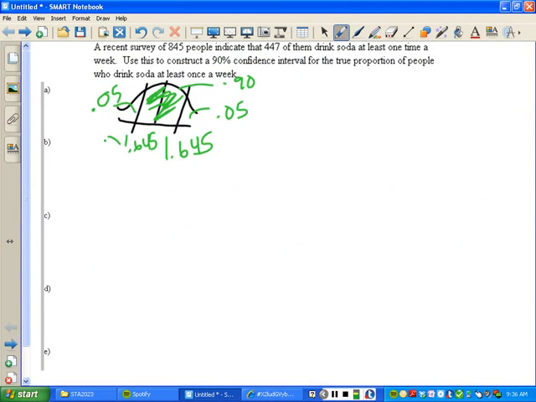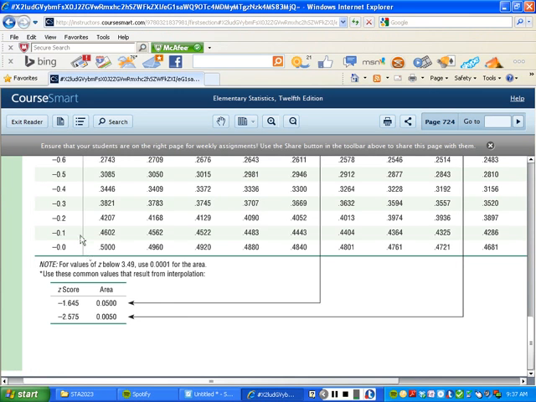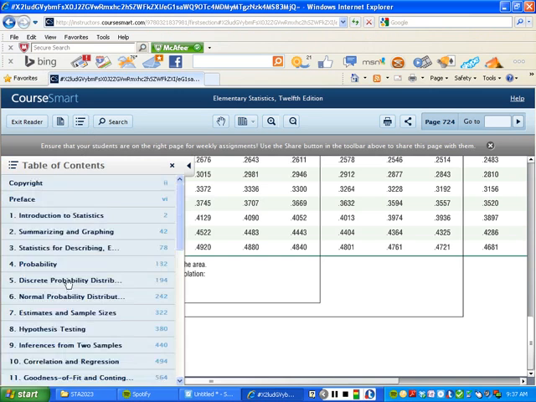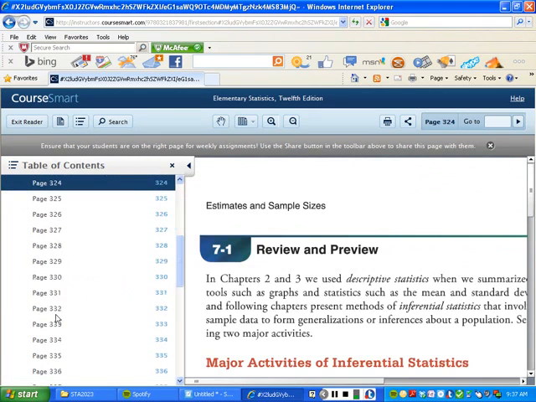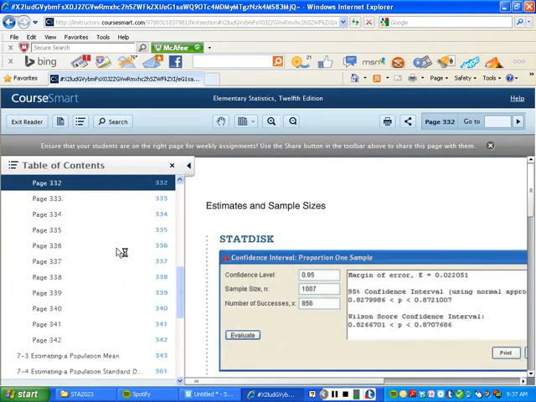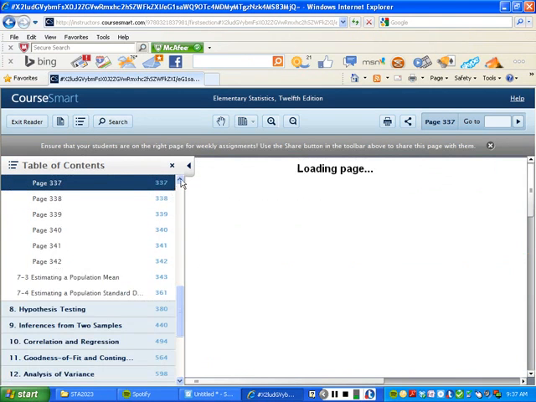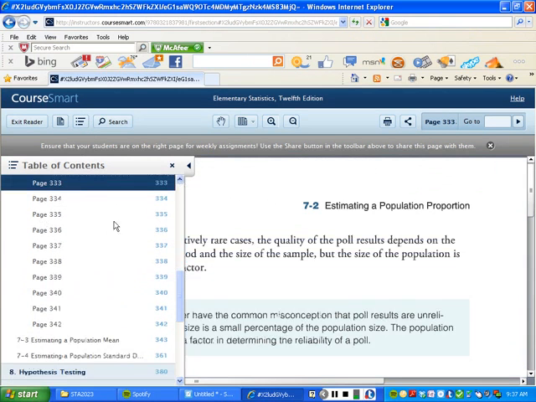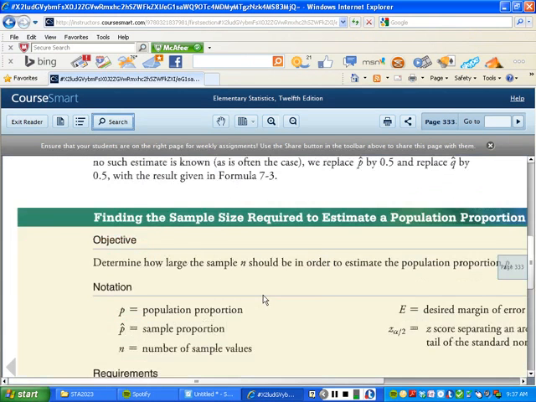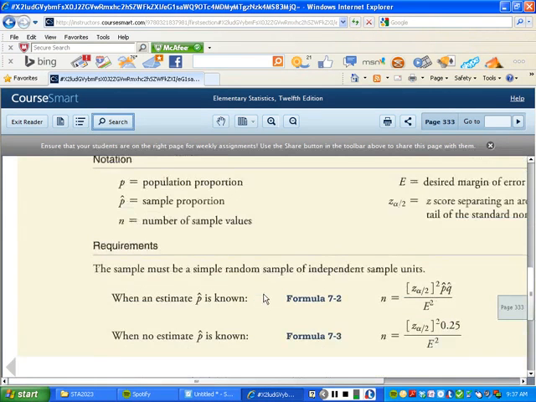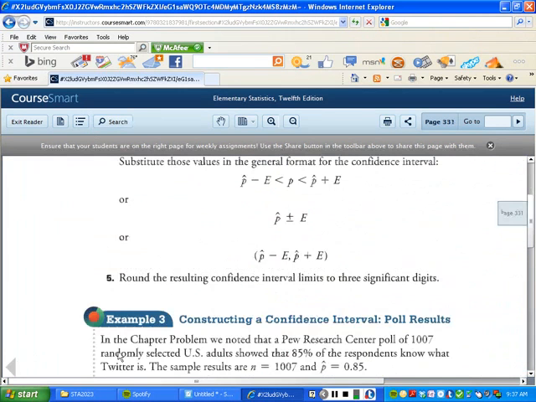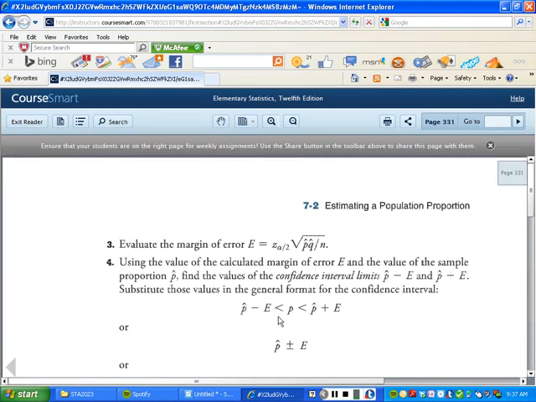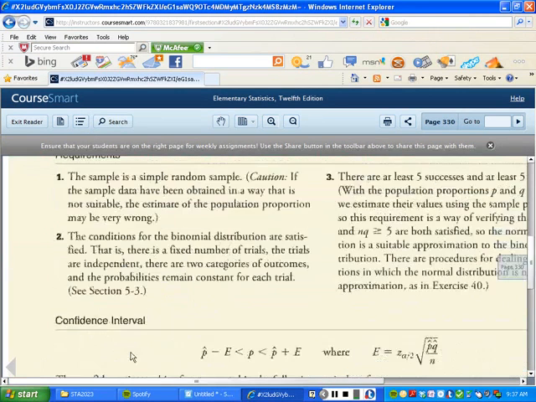Now, part B, you've got to know the formula. The formula, for those of you that don't know, is right here.